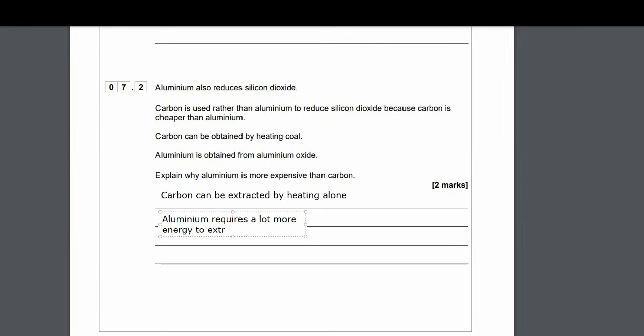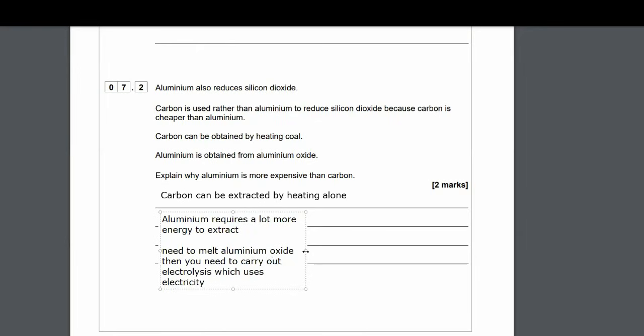And the reason is, just to go through the process, you don't need this to get the marks, but you're going to need to melt aluminium oxide. You probably remember you need cryolite to lower the melting point, but it's still fairly high, a lot of energy. Then you need to carry out electrolysis, which uses electricity.